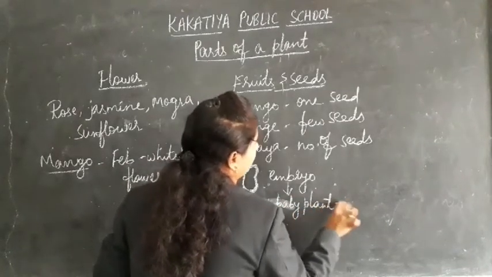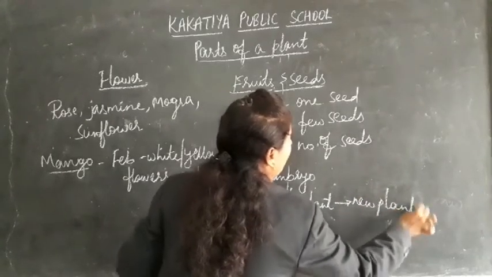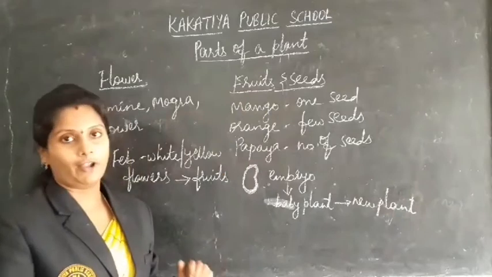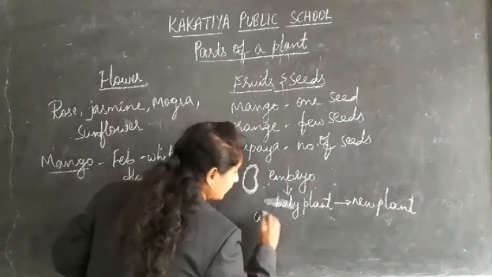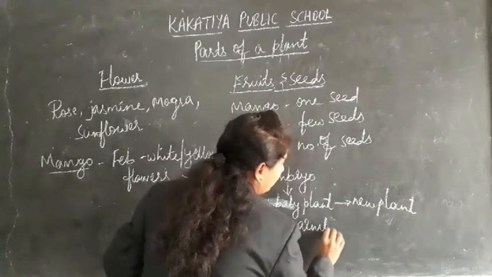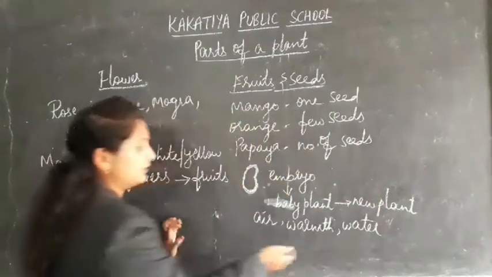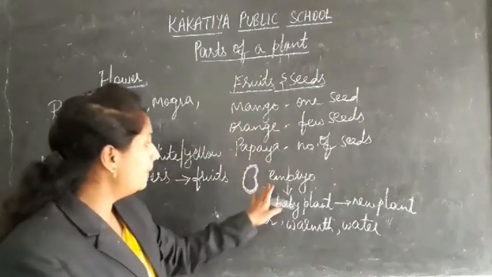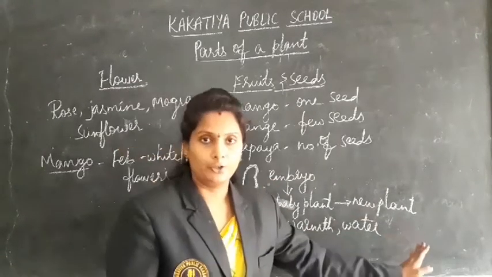This again grows into a new plant when the conditions are favorable. They need sufficient air, warmth and water. If they have these three conditions, the baby plant, that embryo, that seed will grow into a new plant.